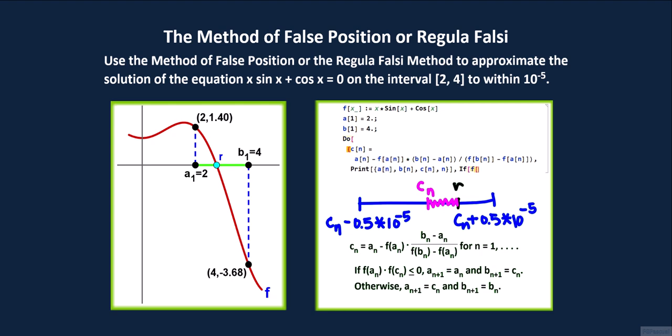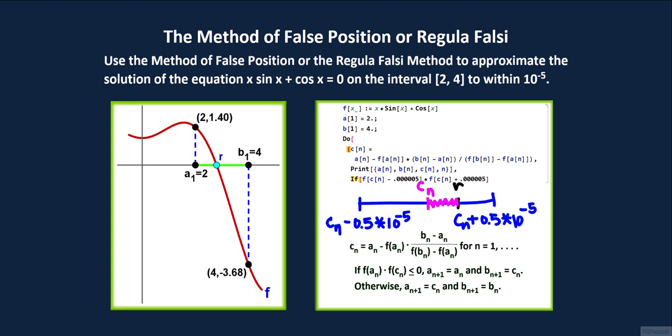We test the condition that the product of f of c sub n minus 0.5 times 10 to the minus fifth power and f of c sub n plus 0.5 times 10 to the minus fifth power is less than 0. We must also allow for the possibility that r ends up being equal to either endpoint. This would make the inequality false and have us throw out the actual root.